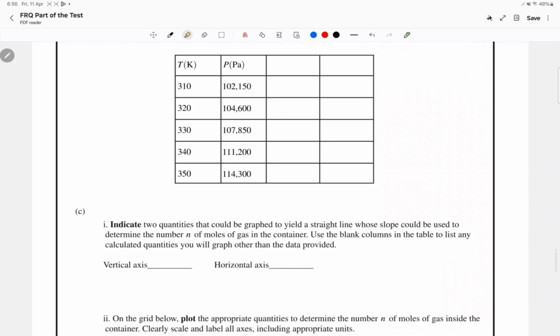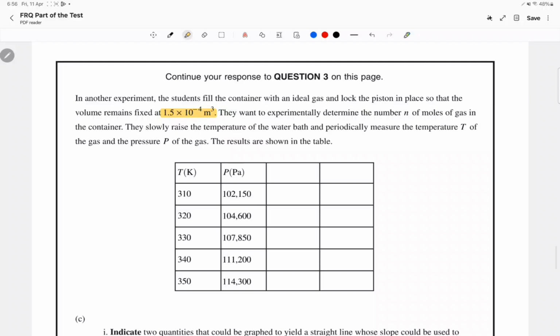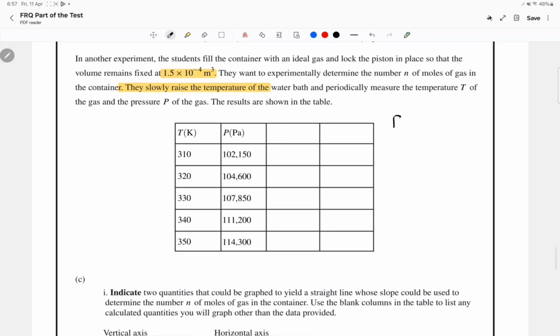You want to get a straight line whose slope can be used to find the number of moles of the gas. So look, what are they able to do? They will change the temperature. So temperature has to be your x-axis, because you're changing it. Now imagine PV equals nRT, and temperature has to be the x-axis, and you're expecting changes in the pressure.